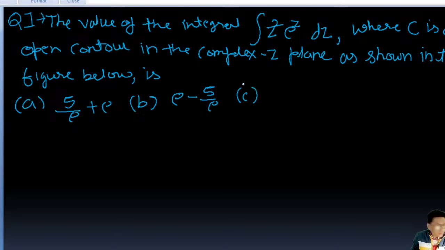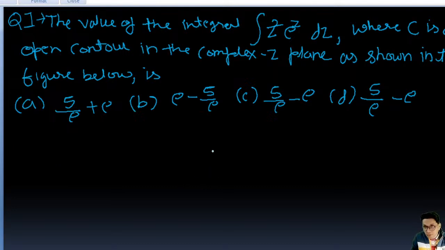Option C is 5 upon e minus e, and option D is 5 upon e minus e. Okay, these are the options, and the figure is given.